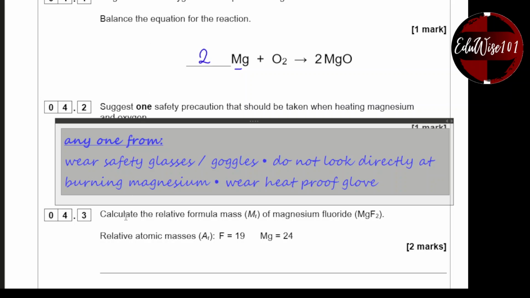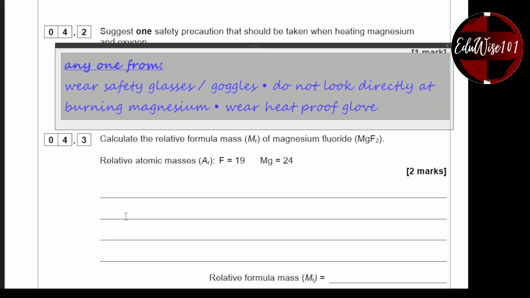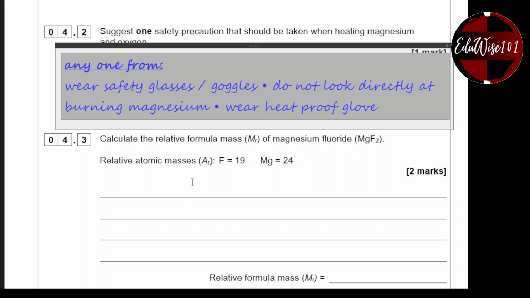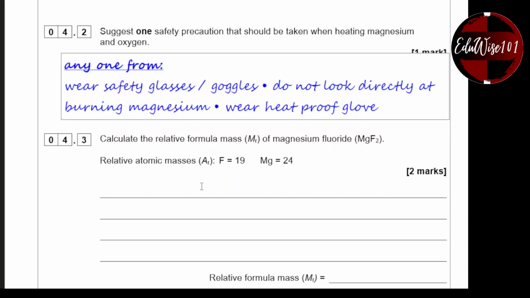Question 4.3. Calculate the relative formula mass of magnesium fluoride. The relative masses they have given you are: fluorine is 19 and magnesium is 24.